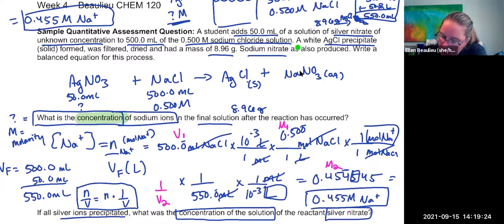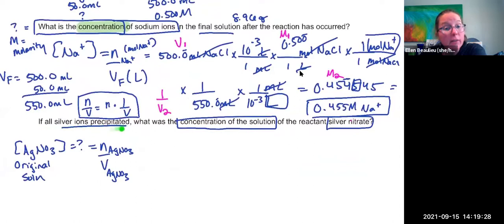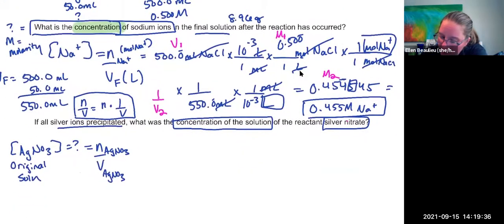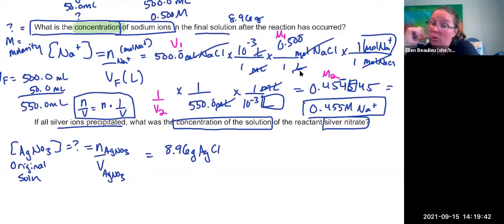Where did it say that? Oh, it says it down here. If all the silver ions precipitated, so they all became the precipitate, they must have all gone into this mass. We must be able to use that mass of silver chloride and relate it to the moles of silver nitrate.